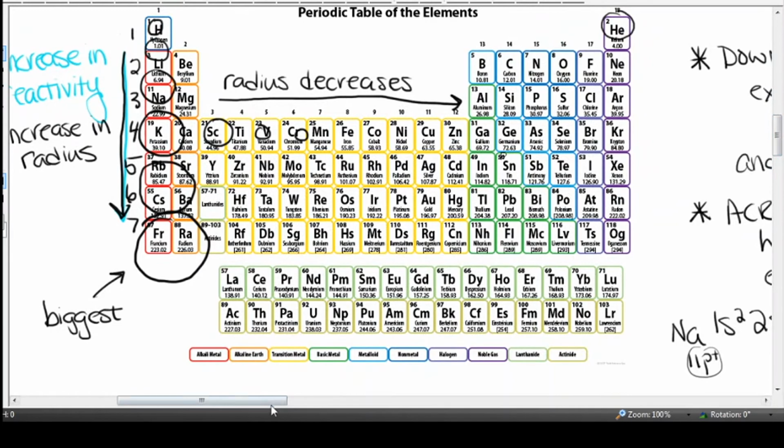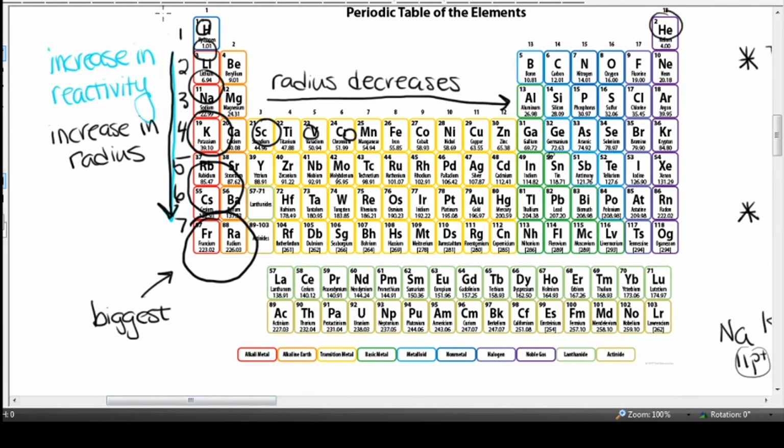Okay. So when I look down here, as I go down this group with an increase in radius, I'm going to get a decrease in ionization energy. That's why they were more reactive. It only took a little energy to pluck those electrons off of these big radii.